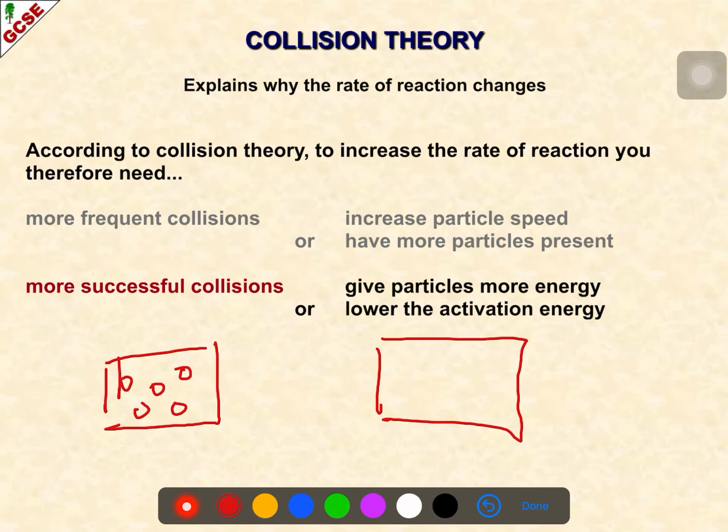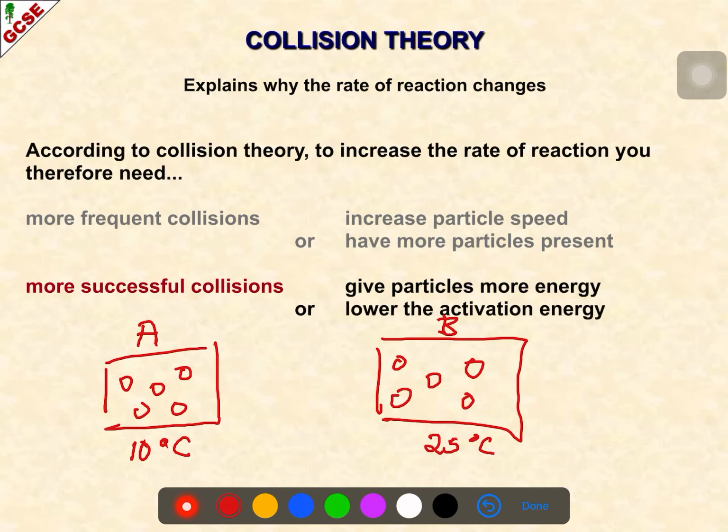I have two bags which have the same number of particles. The first bag, which is called bag A, and this is bag B. In the first bag the temperature is 10 degrees Celsius, and here it is 25 degrees Celsius.